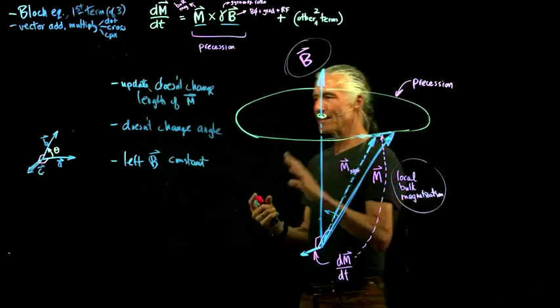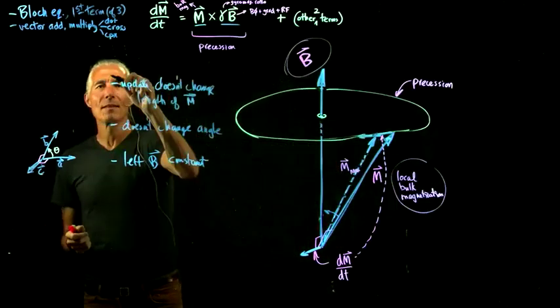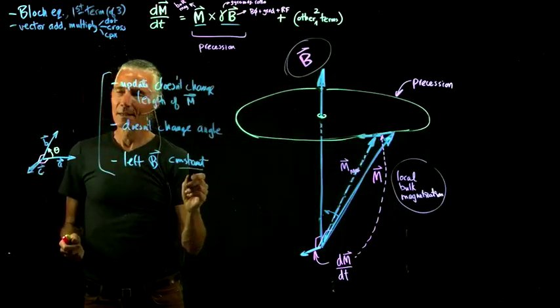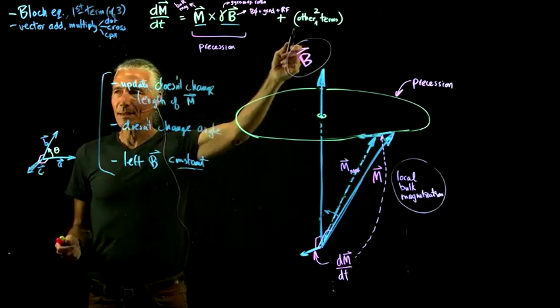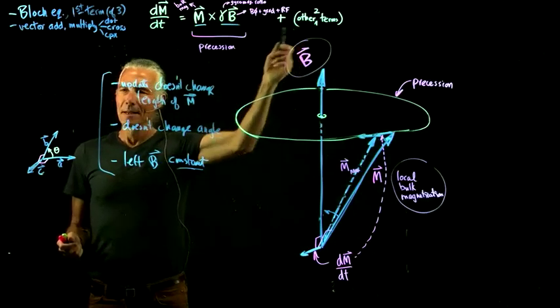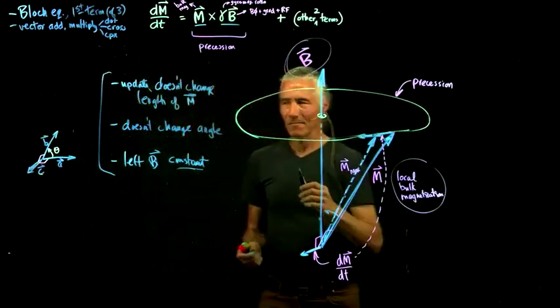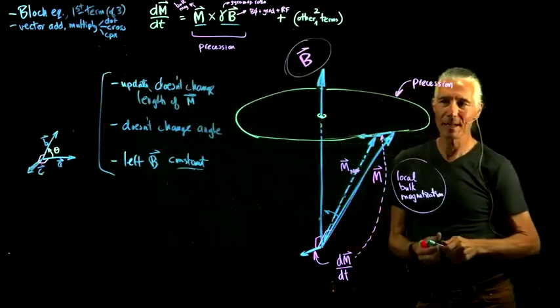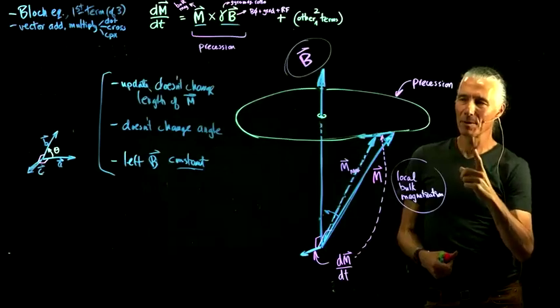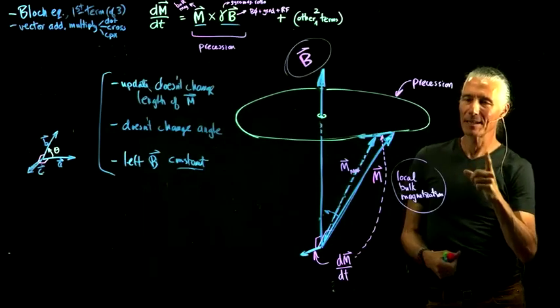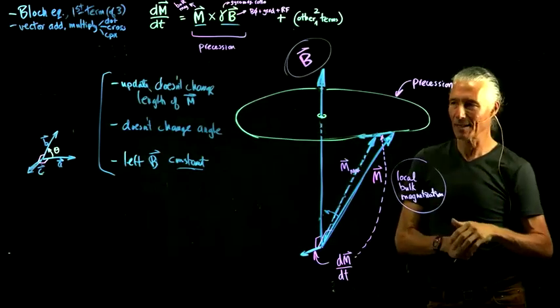But we just did this simple case where we left the B constant and don't have any other things messing with it, so we get precession. This is the first part of the Bloch equation, and it explains why these little proton magnets precess around. And that's what's generating our signal.